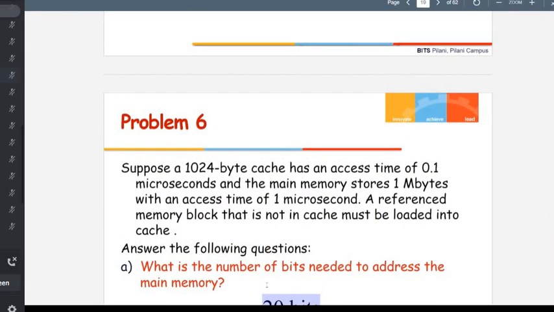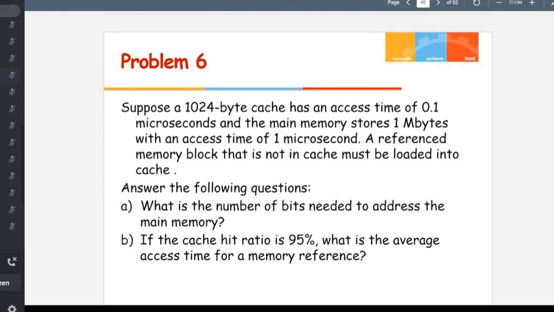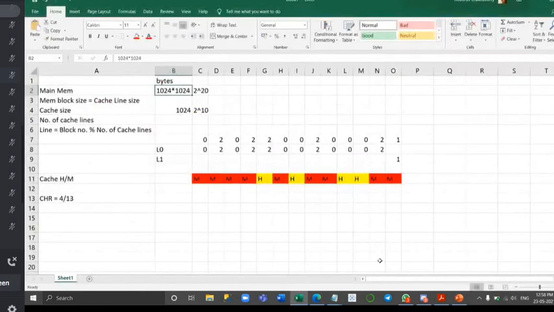Next is, if the cache hit ratio is 95%, what is the access time for a memory reference? Scenario 1 is I find the data in my cache. If I find the data in cache, my main memory will not be accessed.